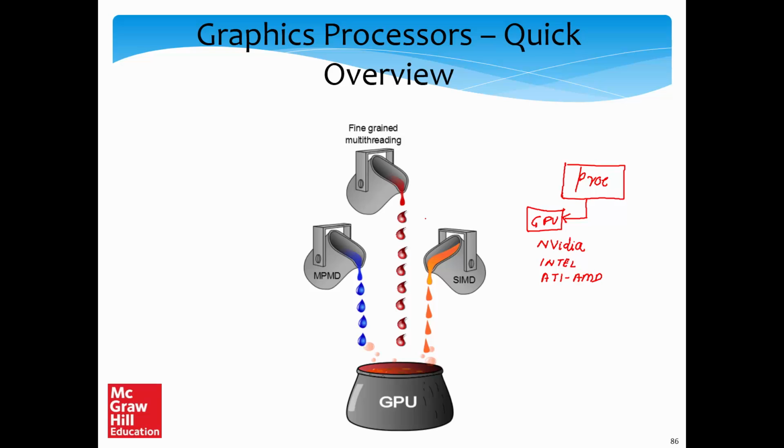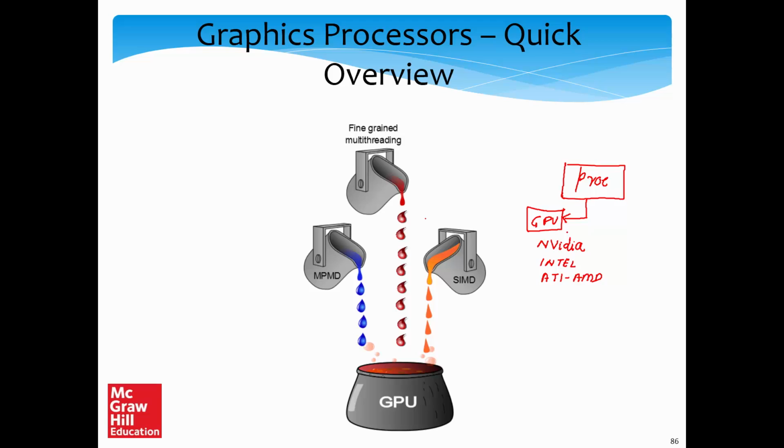So the original aim of graphics processors was just to process videos and render scenes and games and so on. But later on, computer architects realized that graphics processors have a massive numerical capability. So they can be used for regular linear algebra and scientific computations also, and in fact they can do it very, very well.